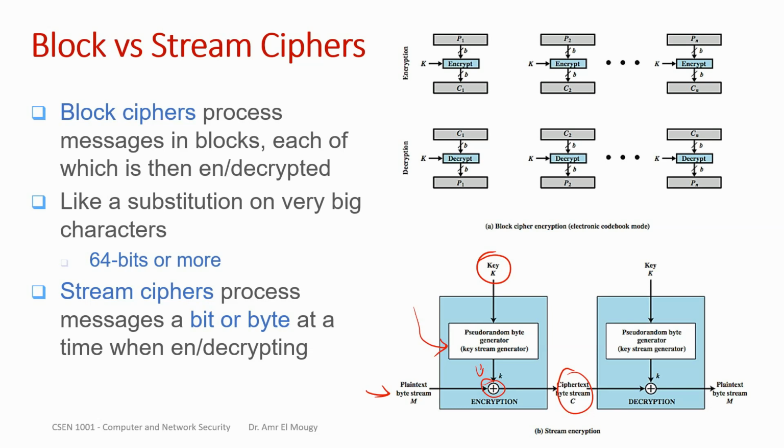And so if the receiver has the key, they will be able to generate the exact same sequence of bytes. And this is necessary if you want to obtain the plain text back.